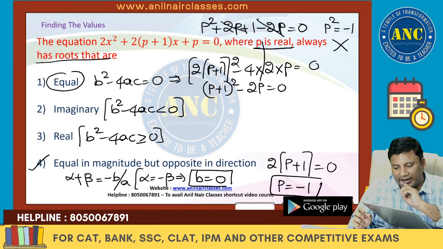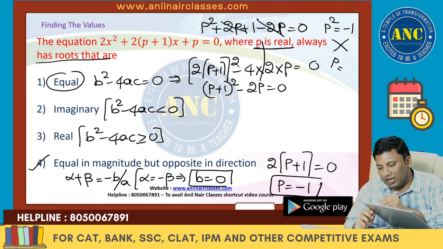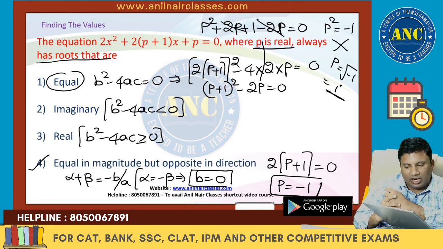If I take 4 common, this is (p plus 1) whole square minus 2p. So p square equivalent to minus 1. P is nothing but root of minus 1, which is nothing but i.